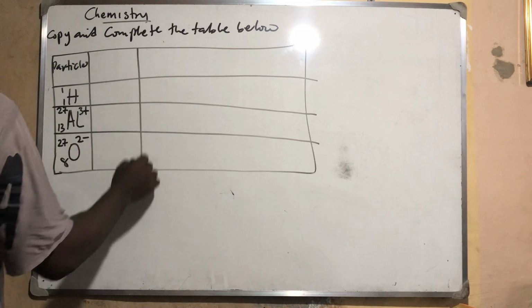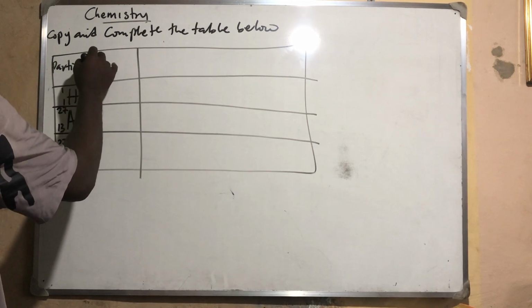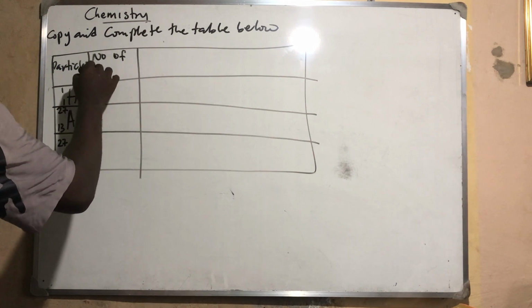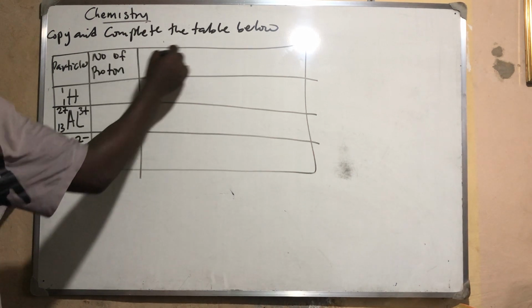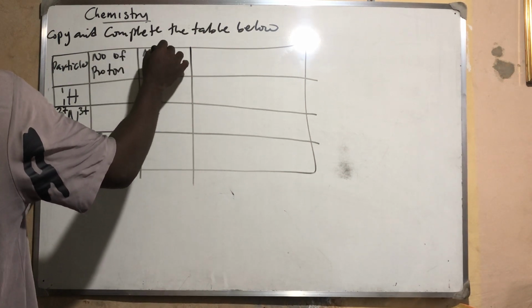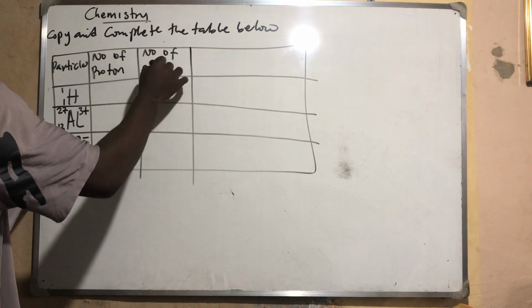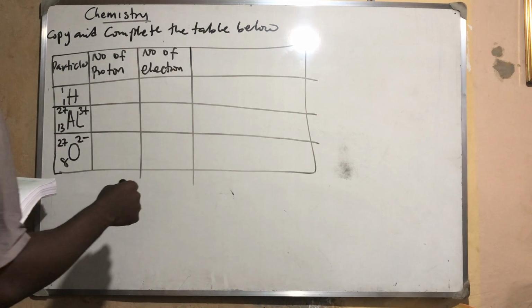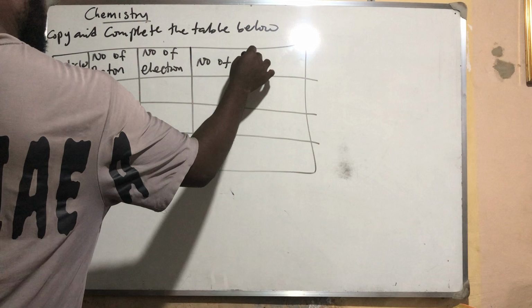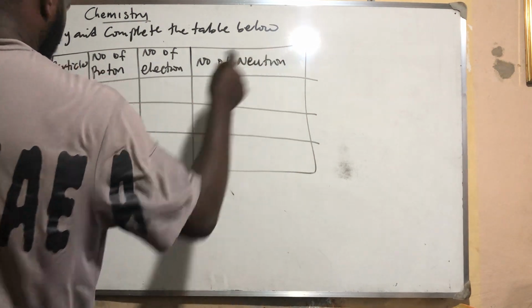So they now say we should complete this. They said number of proton, number of electron, the number of neutron. All right.